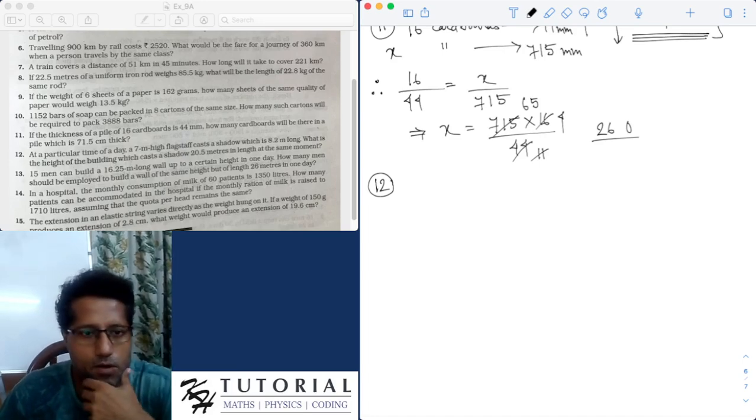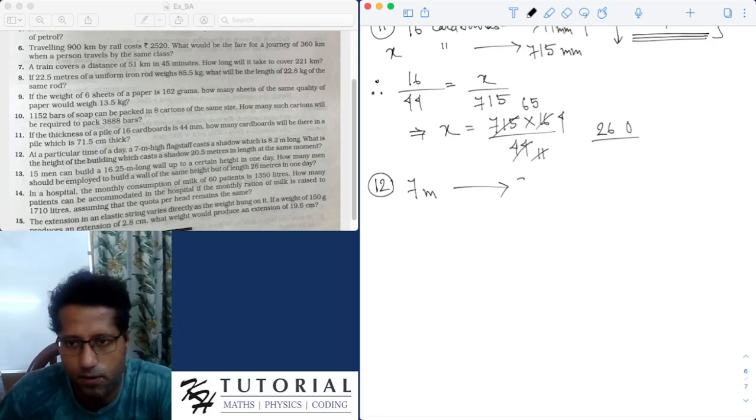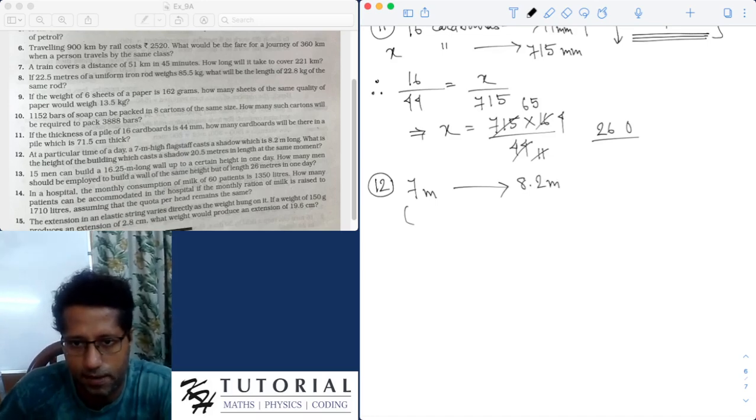So it has given that for the object Flagstaff, 7 meter, it is casting a shadow of 8.2 meter. So the left hand side is height, this is the length of the shadow.